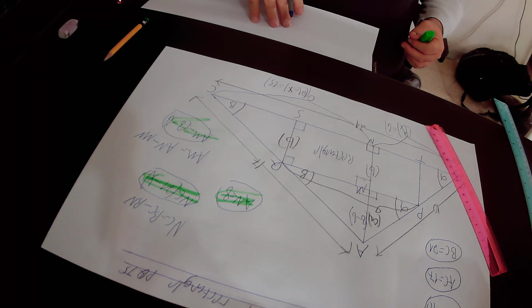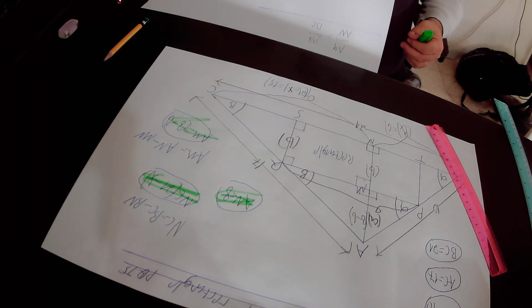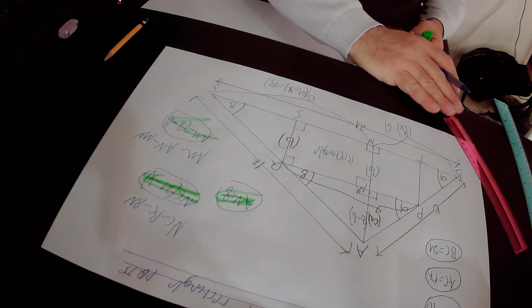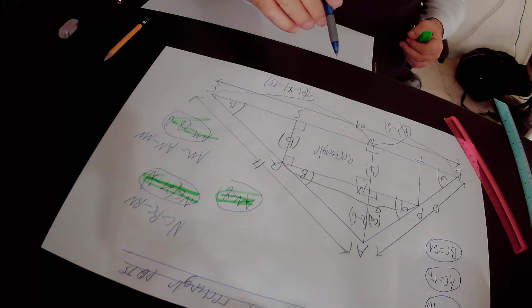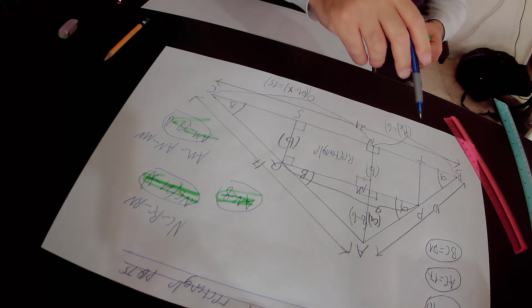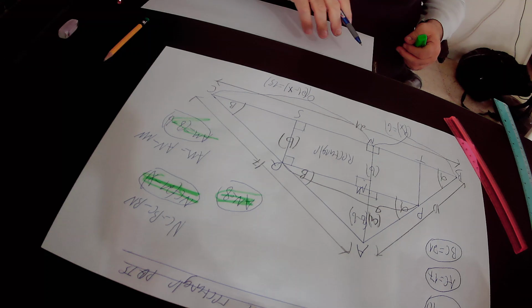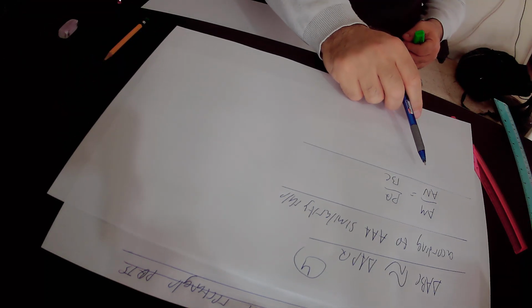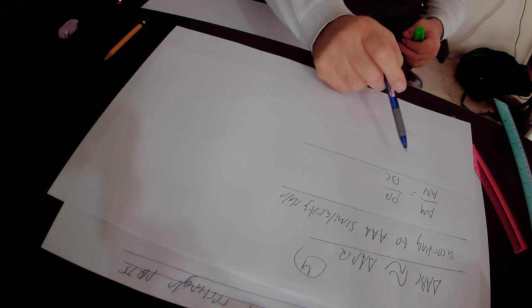So now we continue with what we started here. We actually found out that the big triangle ABC is similar to the small triangle APQ, and therefore the following equation is true: AM over AN equals PQ over BC.